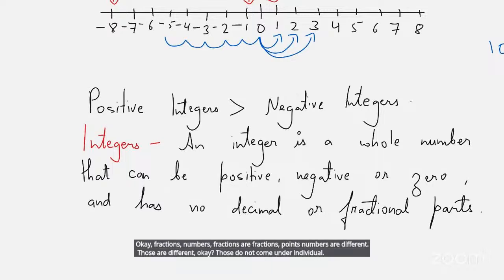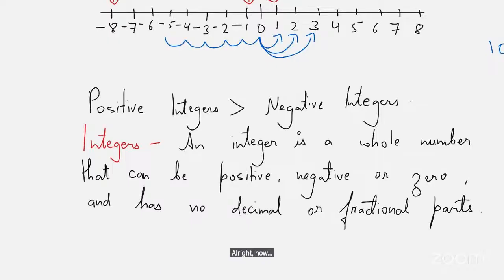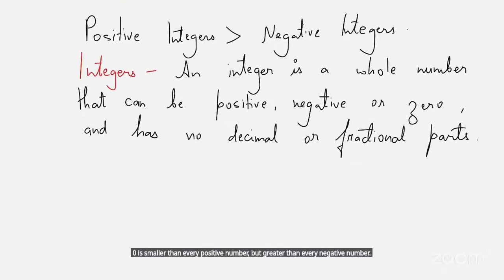All right, now about zero. About zero also there is one rule. That says that zero is smaller than every positive number, but greater than every negative number.